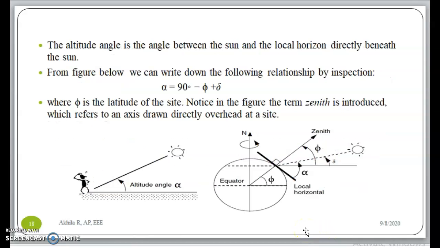Okay. So the altitude angle is the angle between the sun and the local horizon directly beneath the sun.